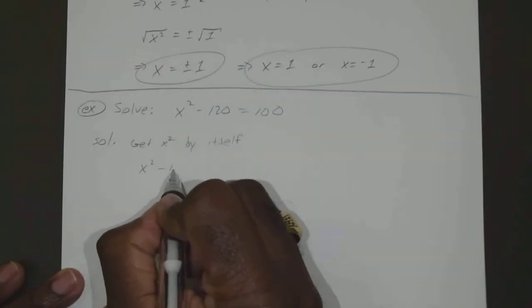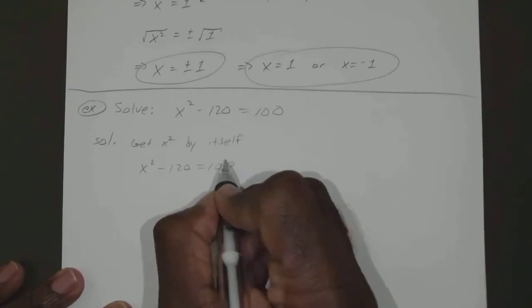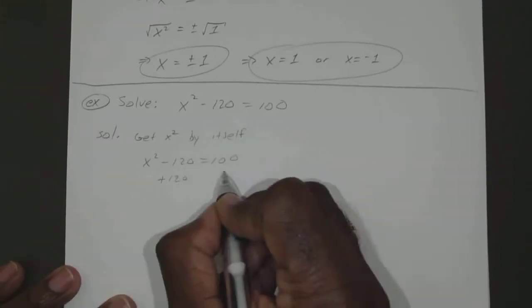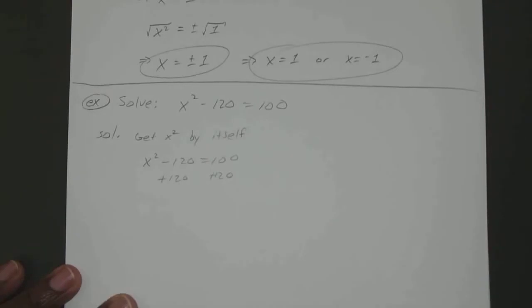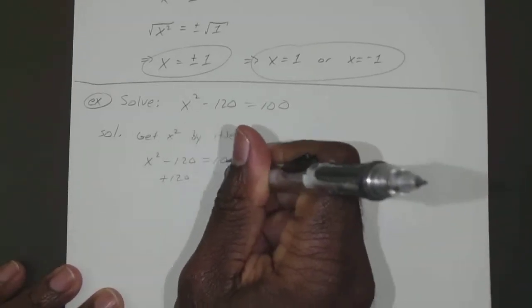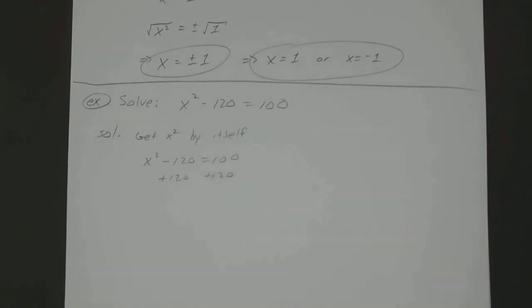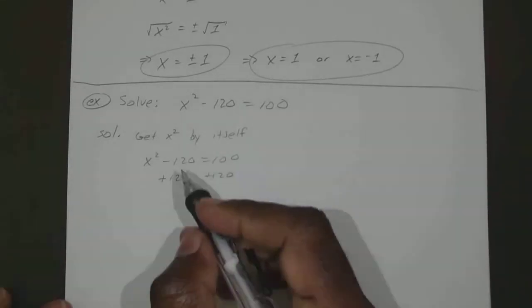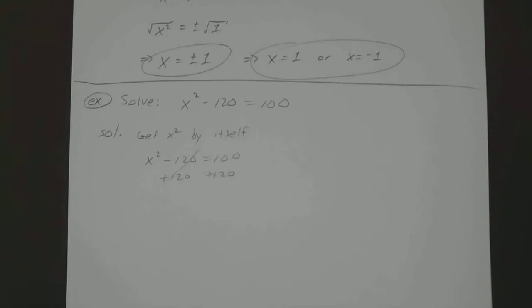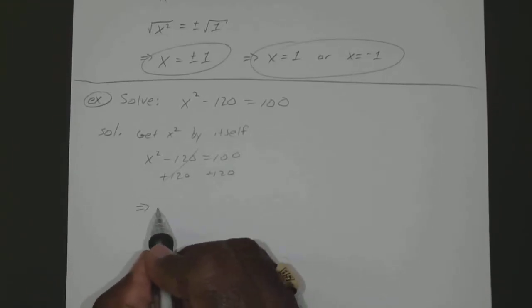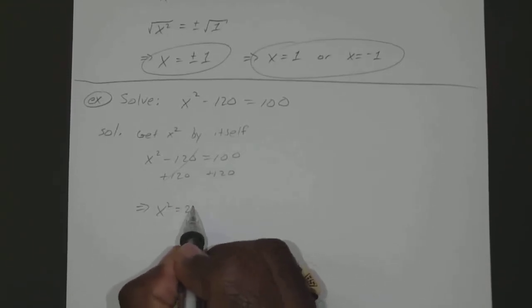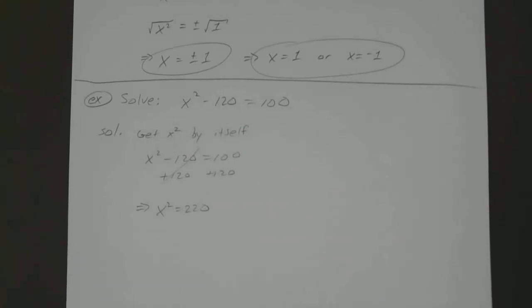Okay, so x squared minus 120 equals 100. Add 120 to both sides. These two cancel out, so that disappears. That leaves us with x squared equals 220.